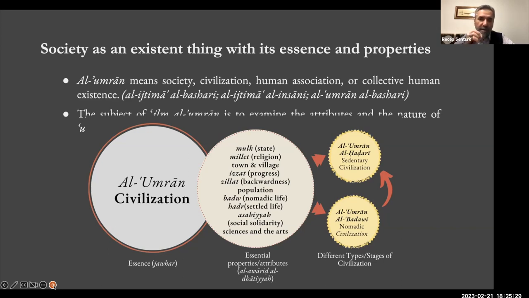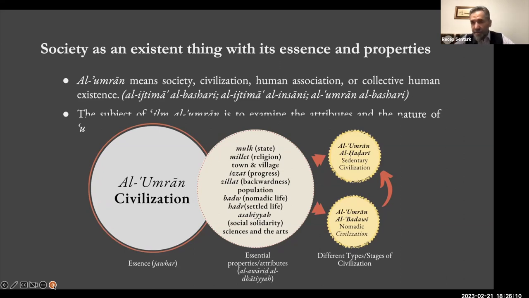So Ibn Khaldun follows the ontology in his time, which studies subjects at two levels, Jawhar and Arad, essence and attributes. So Ilm studies civilization or society. That's the essence, the Jawhar. But the Jawhar is not studied by a discipline. Why? Because Jawhar is stable. It doesn't change.